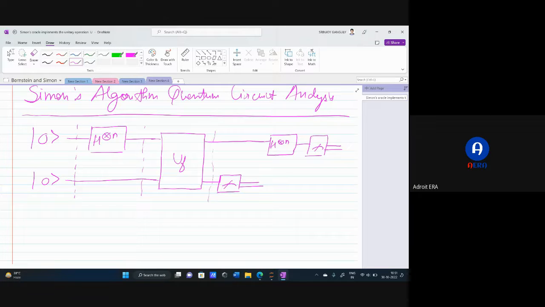So let us see now. Again, I'm drawing the dots, so start noting them down. This is one, two, three, four, five, six. We have some extra steps due to the measurement on the second qubit. Let us begin with step 1.